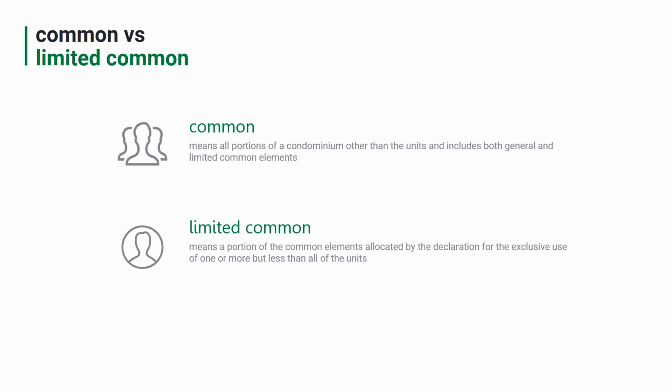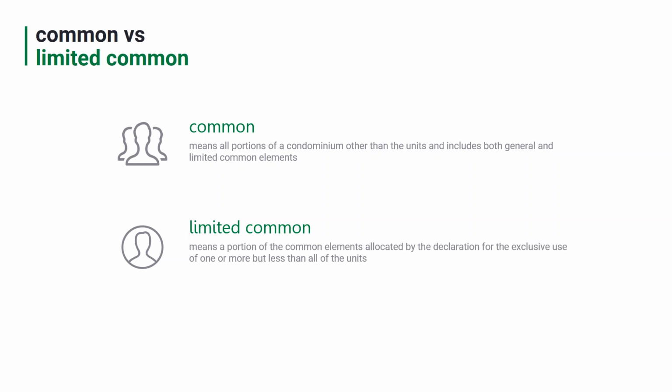Later in the docs is where you almost always will then find the maintenance responsibility of the various limited common elements. And I bring this up because I've worked with clients where balconies are limited common and the maintenance responsibility is 100% association. I've worked with clients where some aspects of it are association, some are homeowner.